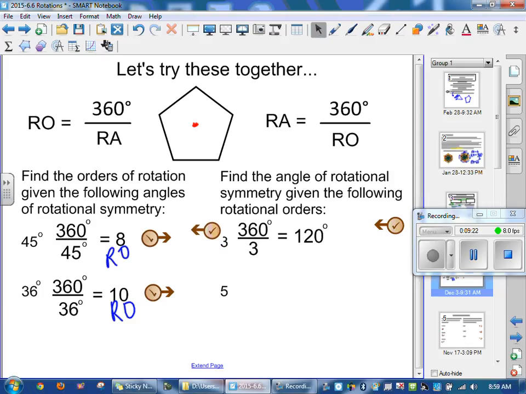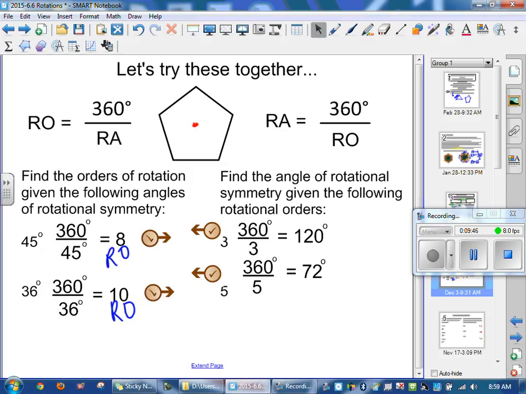So that means every turn it took, it went 120 degrees every time. Okay? And the last one, 360 divided by 5, we're going to get 72 degrees. So it turned 5 times before it got back to where it started, and each time it turned, it went that far, 72 degrees. Okay?